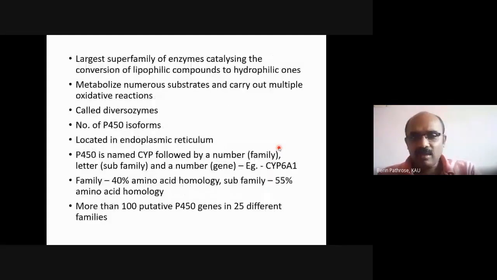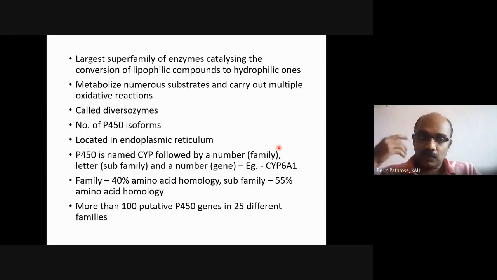And another character is that it is one of the largest families of enzymes, and the major function of it is to convert lipophilic or hydrophobic molecules into hydrophilic ones. Yesterday we discussed why a molecule has to be converted into a hydrophilic or water soluble one, in the case of glutathione transferase. To excrete. Yeah, it can be easily excreted.